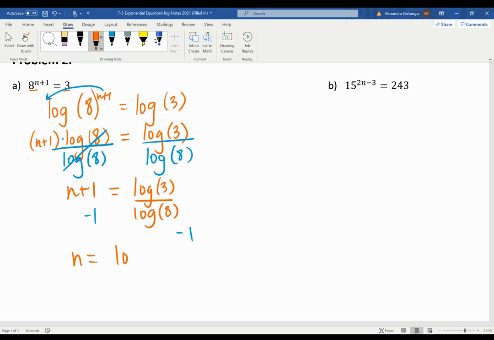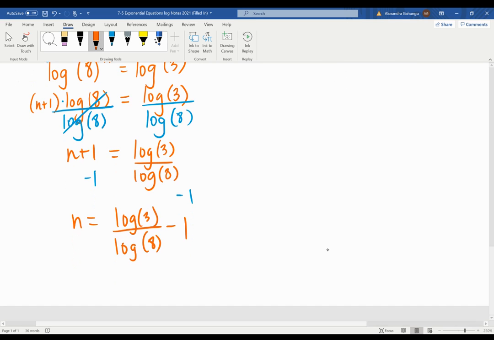And we'll get log of 3 over log of 8 minus 1. So we get that whole thing, and now we're typing it into the calculator and finding our answer. So we'll put in log 3 divided by log 8, and then subtract 1.